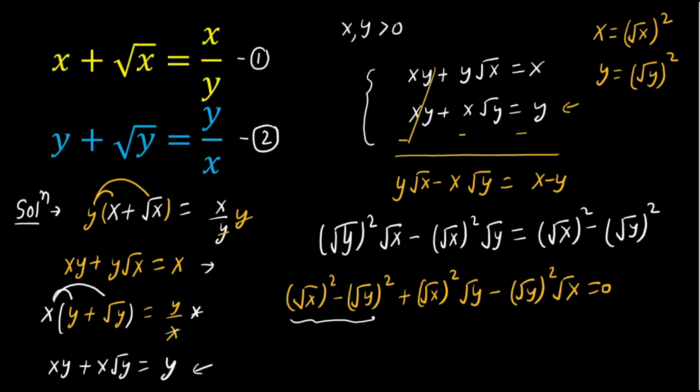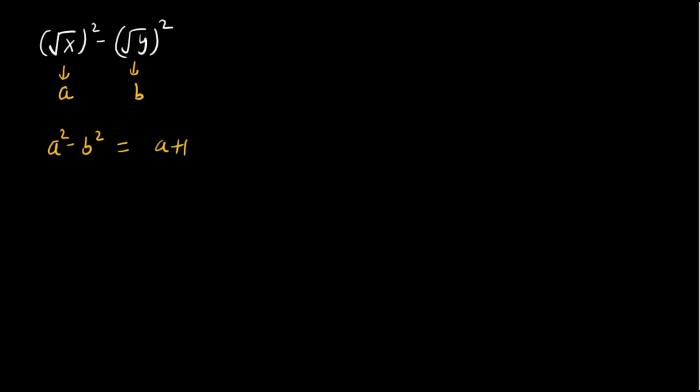These two terms are square root of x square minus square root of y square. Now if square root of x is a and square root of y is b, then a square minus b square equals a plus b times a minus b.